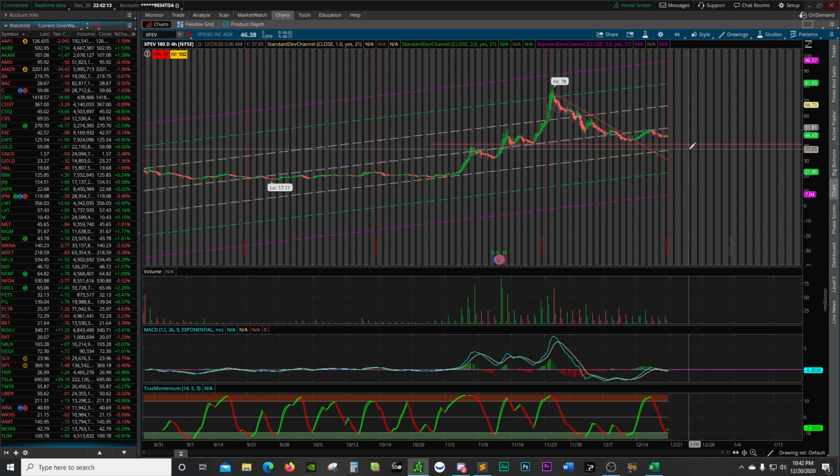So it's going to touch one of those levels and then bounce up and start a new uptrend potentially. That's my thinking here. However, with the recent change in the trend, it may not. It may use the bottom of this wave as its support.